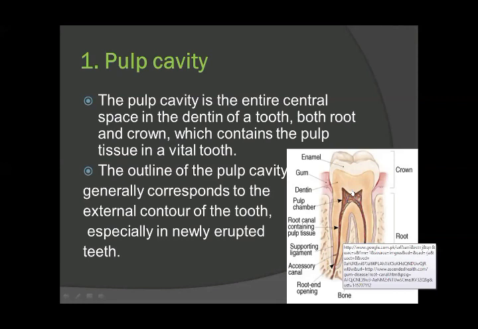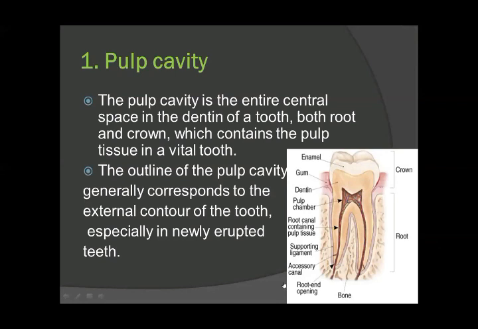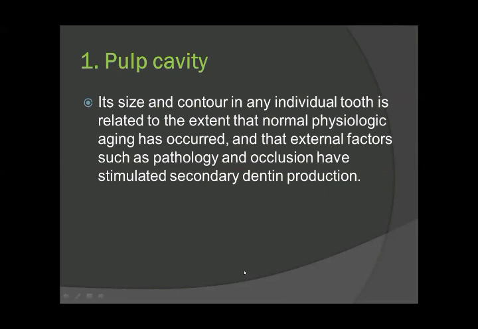The outline of the pulp cavity generally corresponds to the external contour of the tooth, especially in newly erupted teeth. Its size and contour in any individual tooth is related to the extent that normal physiological aging has occurred. External factors such as pathology and occlusion have stimulated secondary dentin production.